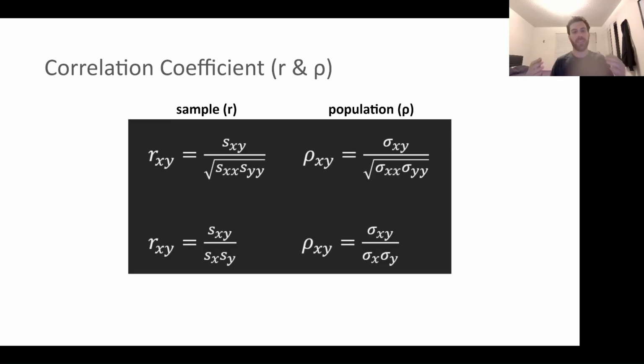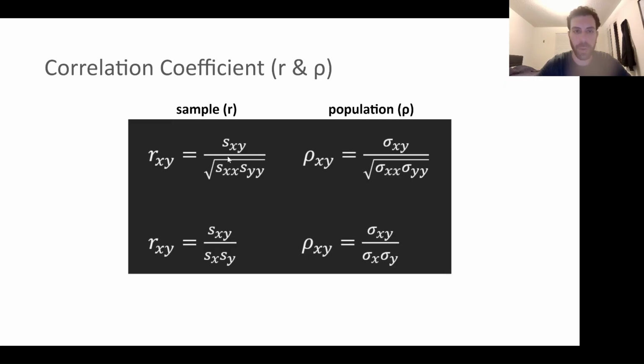That means that the scale of the correlation coefficient should always be the same, right? Regardless of the data I'm working with, I should know what a correlation coefficient of 1 means. And that's kind of why we have this complicated term in the denominator.